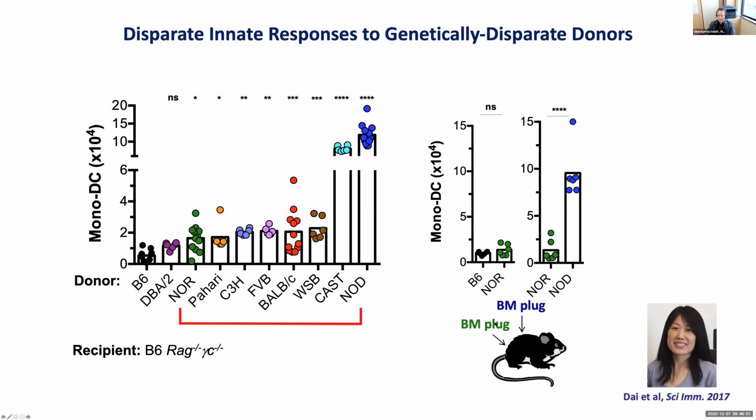And we were then able to compare the infiltration of 2 plugs in the same recipient. So here you can see that there is not much of a difference between the B6 syngeneic and the NOR bone marrow plug transplant. But you can see that if you transplant the NOR and the NOD in the same recipient, you see a large response mirroring what we found when we did individual transplants.